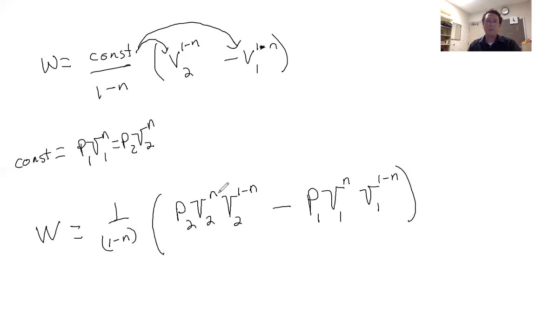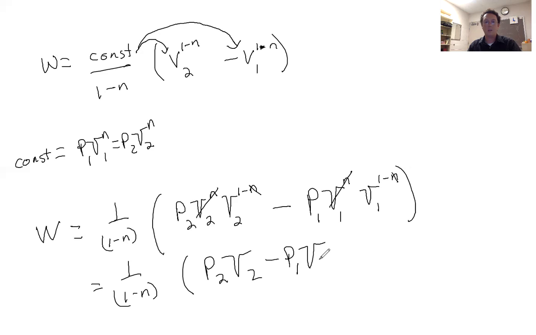And notice what happens. This factor cancels that, this factor cancels this, and I'm left with a simpler expression. That's a handy way to write it if you already know all the pressures and volumes. I should have done that earlier, but I'll do it here.